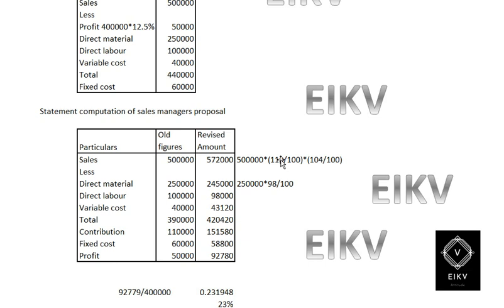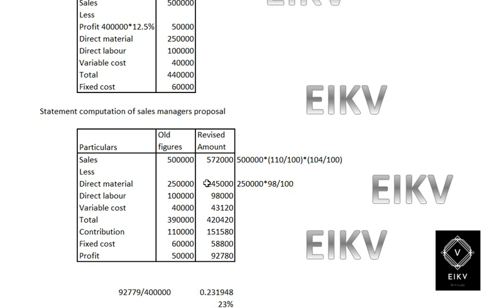So, 5 lakh into 1.1, or 110 divided by 100, into 1.04, or 104 divided by 100.